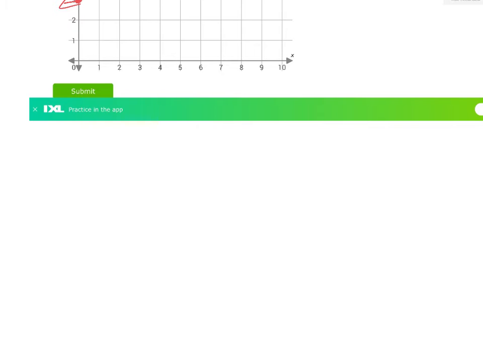Okay? Let's try another one like that. If it says it goes through the point 1, 2 with the slope of 3, okay? That means we would rise 3 and run 1, but we start at this point.